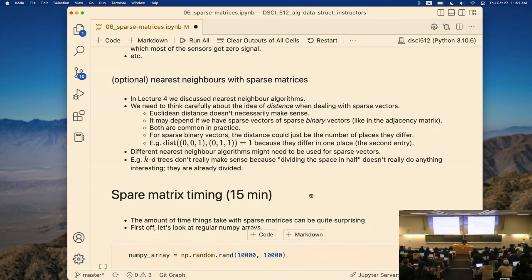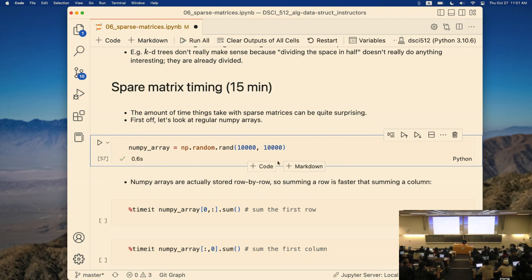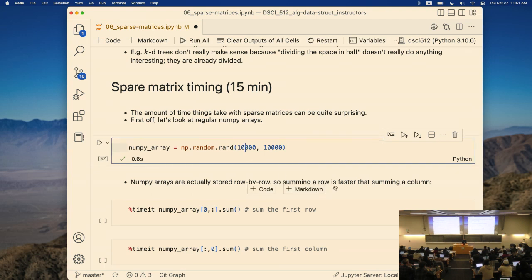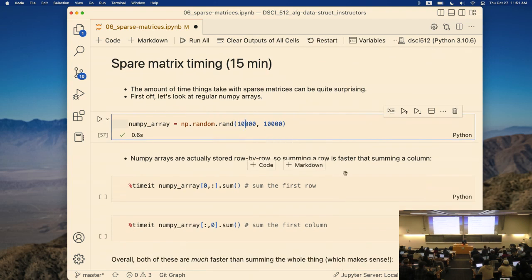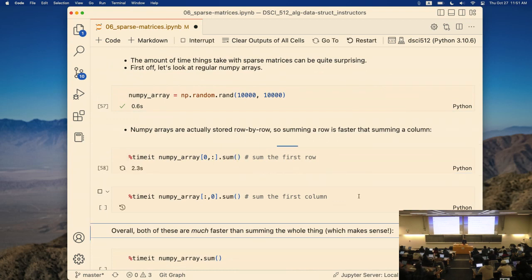Okay, so let's do some timing here with sparse matrices. Okay, a NumPy array with 10,000 elements, and let's sum the rows and columns here, and I'm going to explain what's happening.